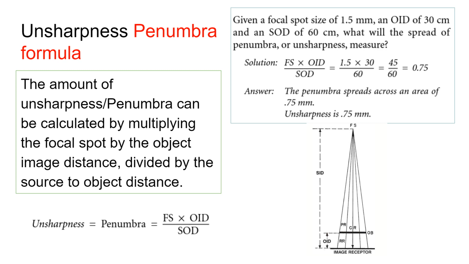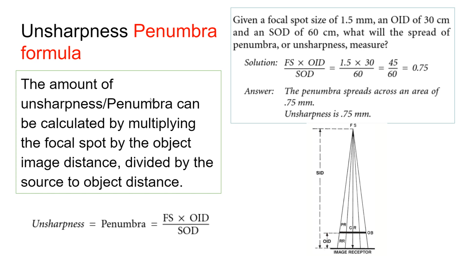And guess what? Can you figure out your SOD if it's not given to you? You can, because SOD is your SID minus your OID. Don't say that too many times fast. Why am I telling you this? Because I might not give it to you one day. You'll just need to know that, oh, look, the SID is there, and the OID is there. If I subtract, I'll get the SOD.